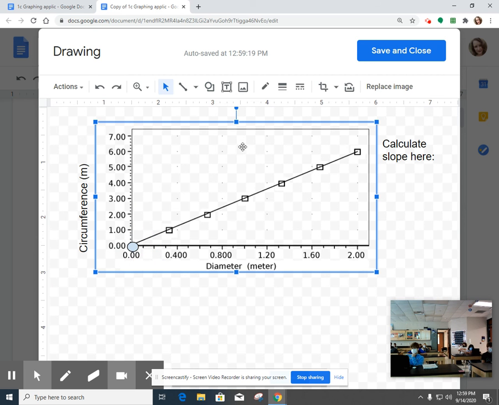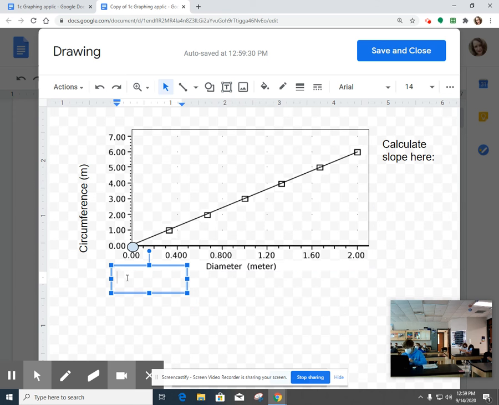Okay, and then I am going to go with a text box right here. And I am going to go parentheses x1 comma y1 end parentheses. And I believe Shaw already said that that was 0 comma 0.